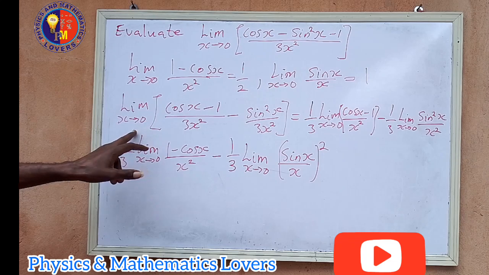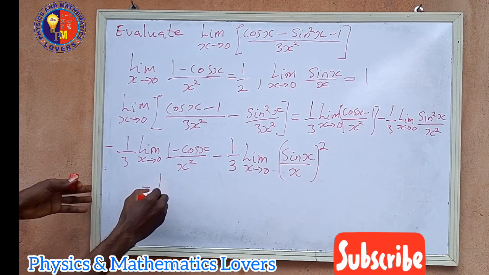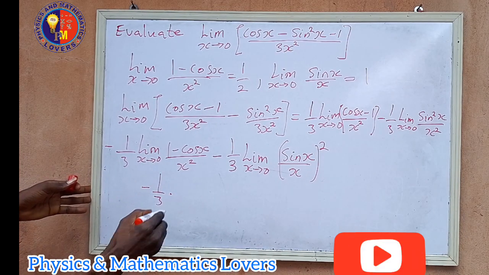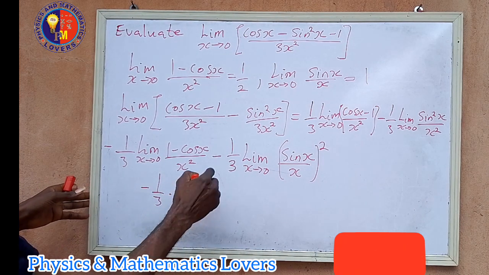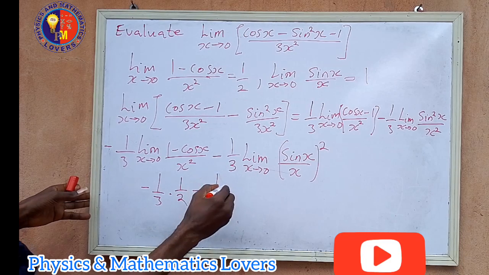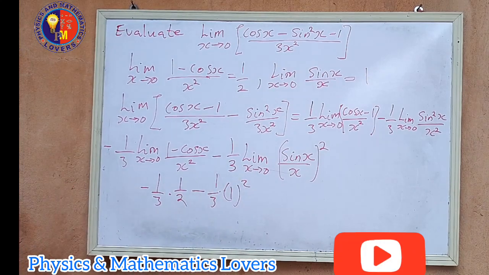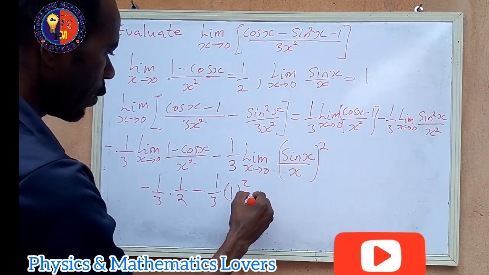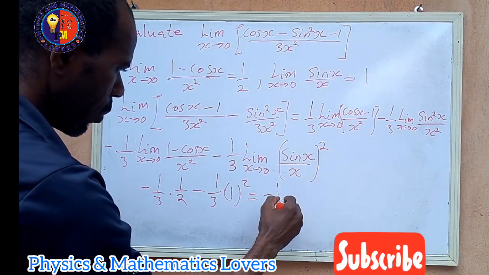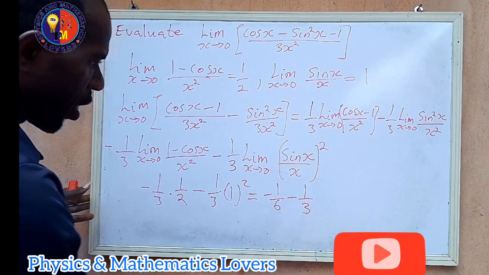The whole of this limit will give you half. Here I have minus 1 over 3 multiplied by half. Then here we have minus 1 over 3 multiplied by the whole of this, which is 1 squared, multiplied by 1 squared. So minus 1 over 3 times 1 over 2 equals minus 1 over 6. Then this gives us minus 1 over 3.